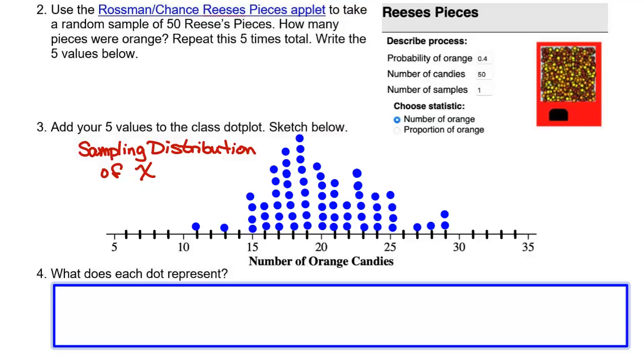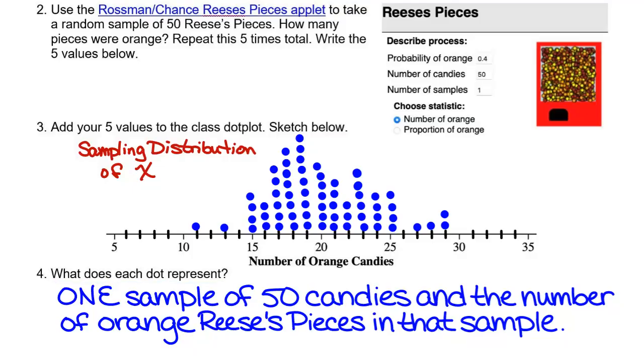So what was a trial in this case? In a sample of 50, yes. So each dot represents one random sample of 50 candies and the number of orange Reese's Pieces that are in that sample.